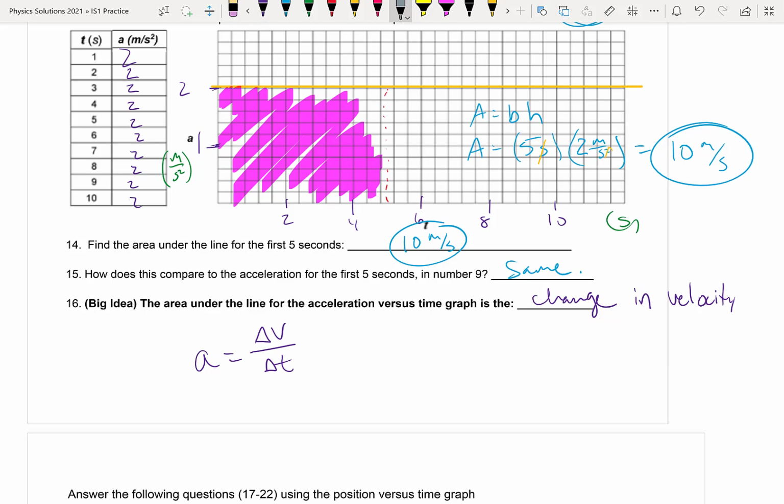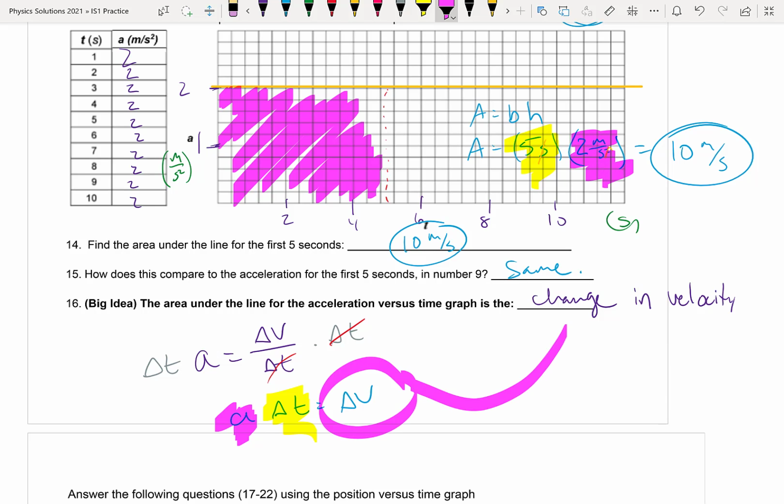So if I multiply both sides by the change in time, this would cancel out, and I'd have the acceleration times the change in time is the change in velocity. Change in time is the base, and the acceleration is the height. And that gives me the change in velocity, which is why the area under the acceleration versus time graph is the change in velocity.